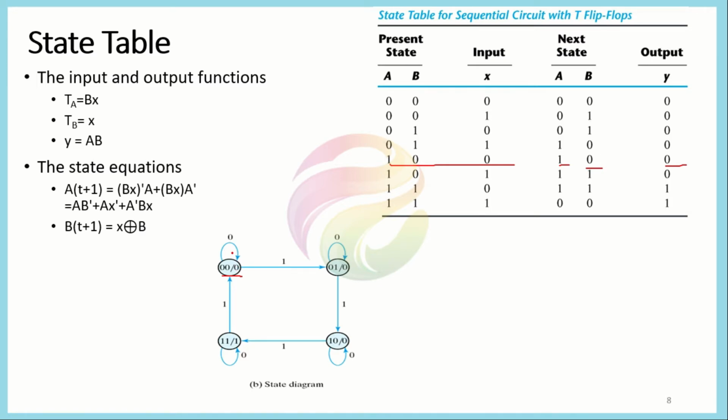In the previous state diagrams, we represented the input and output values on these arcs, but because for this circuit the output is dependent on the current state of the system, we represent the state with this slash notation, which represents the output of the system.